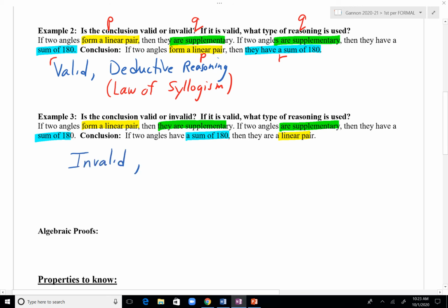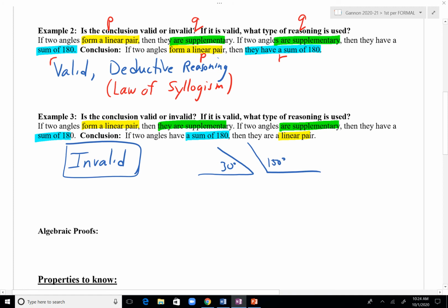All right. Now, it doesn't ask for this, but you could give a counterexample to show that it's not true. Counterexamples are one example showing that some statement is false. So if two angles have a sum of 180 degrees, well, I could have this angle that's 30 degrees. I could have this other angle that's 150 degrees.